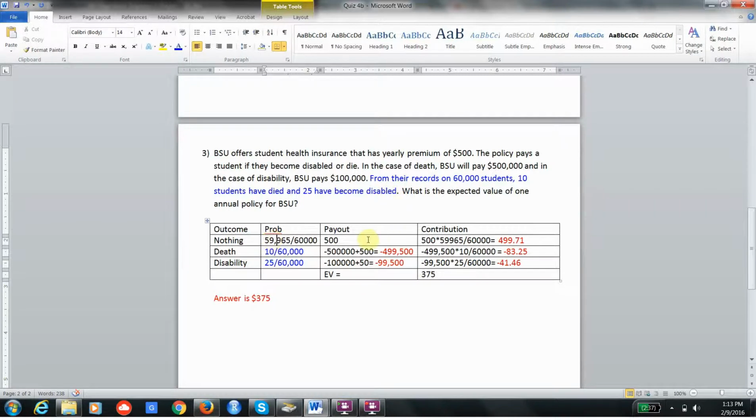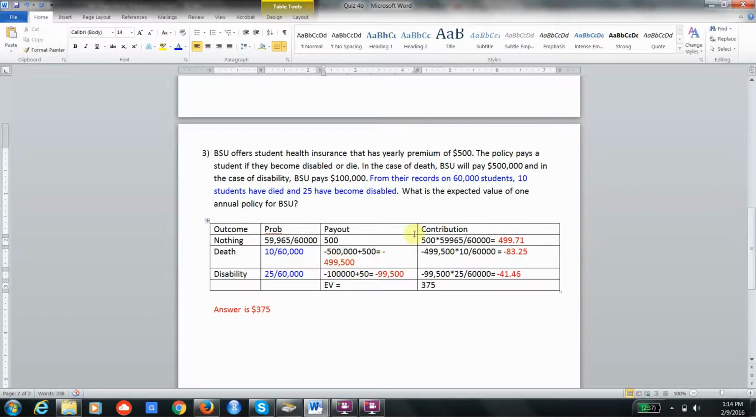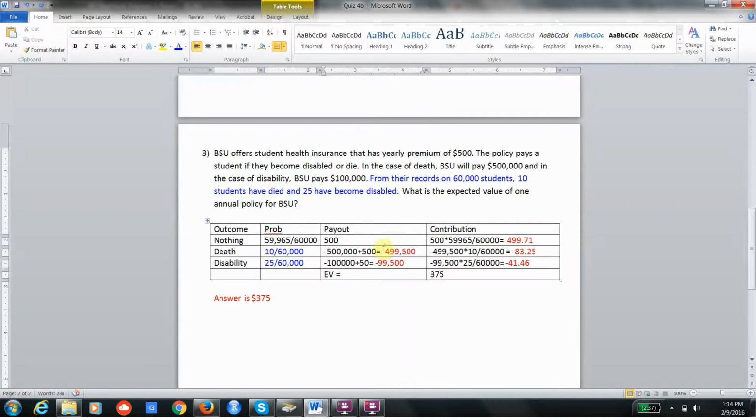Okay. Now we're going to write the payoff, and this is the part we have to be careful, because when nothing happens, we're looking at it from the company's perspective. They get $500. When a person dies, they pay out $500,000, but this is the part you have to remember. They still get the $500 from the premium. So altogether they lose $499,500.